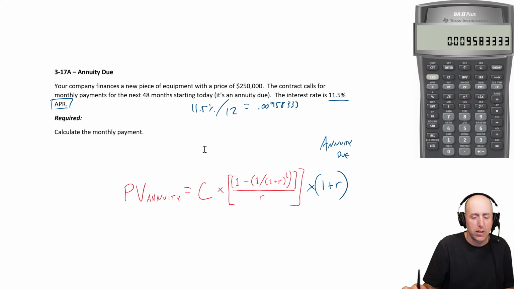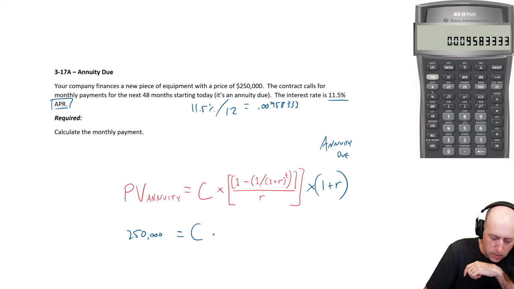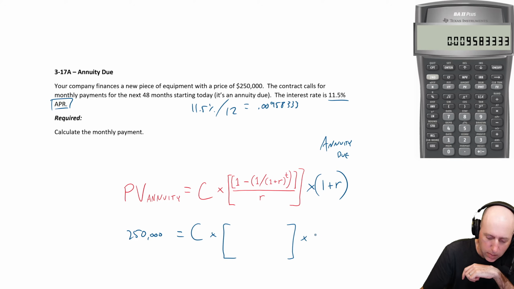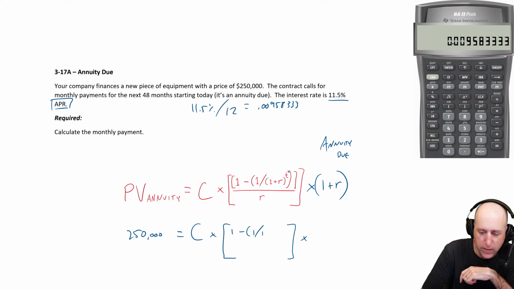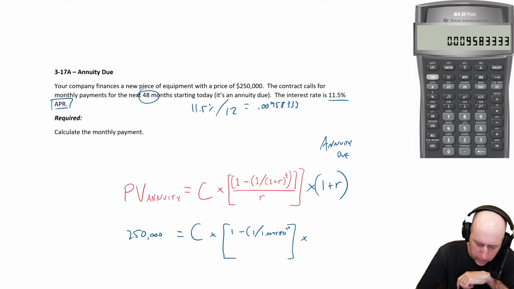Okay, so let's punch in the numbers we know. We actually know the value of the annuity. It's $250,000, the price of the equipment. So 250 is our PV of the annuity, equals C, what we're solving for, times 1 minus 1 over 1.0095833 to the power of 48, because there are 48 payments, 48 months.